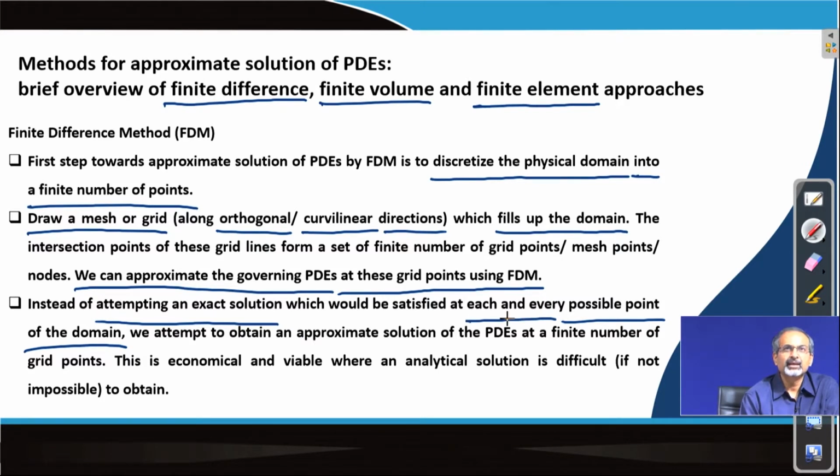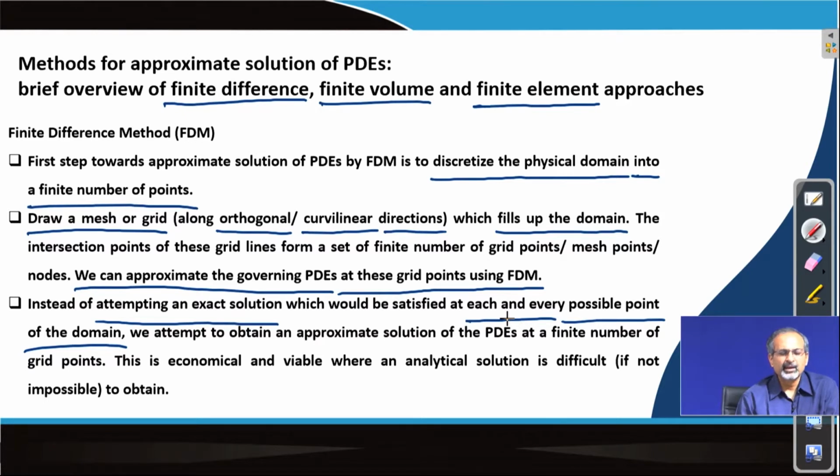So, if we had an exact solution to the problem, it would mean that that exact solution would be valid at any point within the domain. This point could be quite arbitrary, but the moment I make that point specific, I can always get the solution of the equation at that specific point.